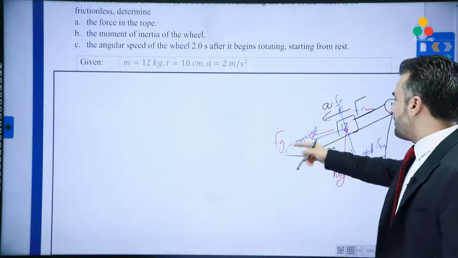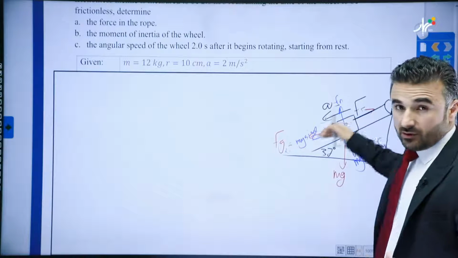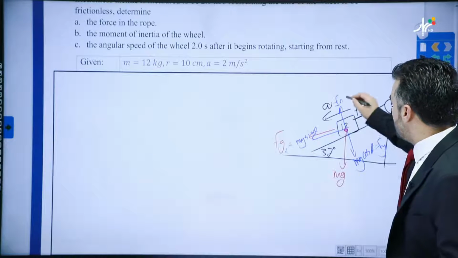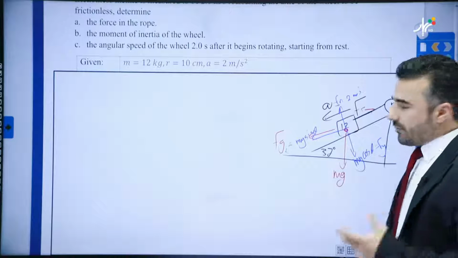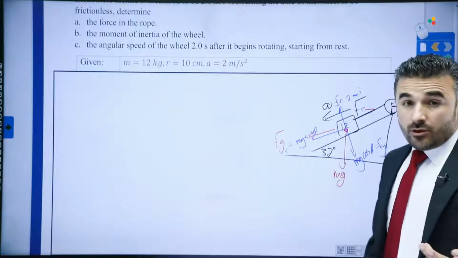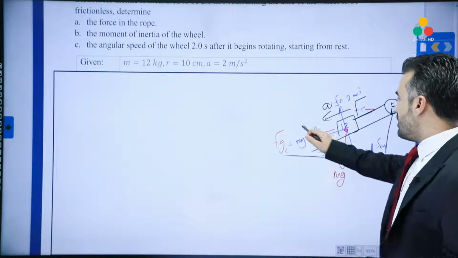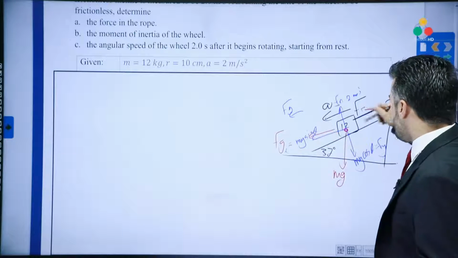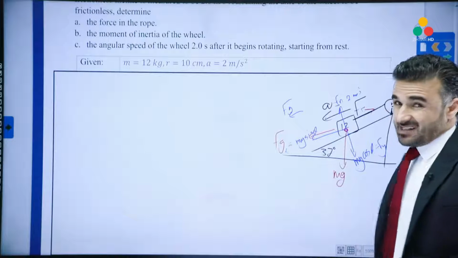The force of gravity is what is pulling the box downward with an acceleration of 2 meters per second squared. So in other words, there are two forces: one acting downward, that is Fg, and another which is upward, that is Ft.